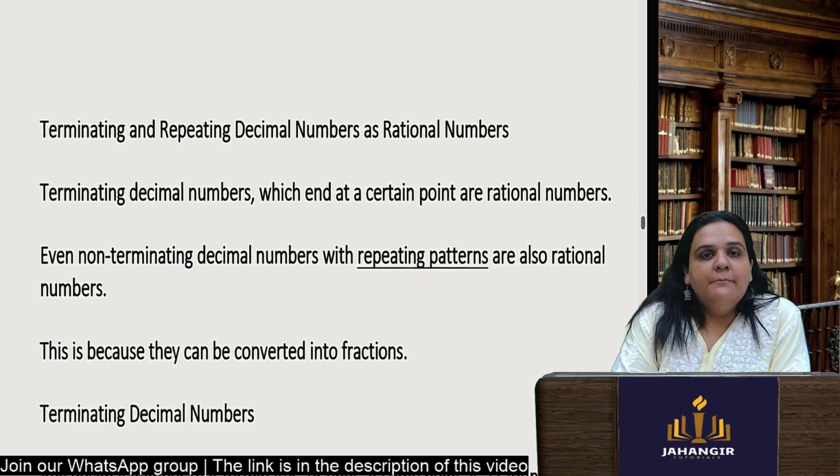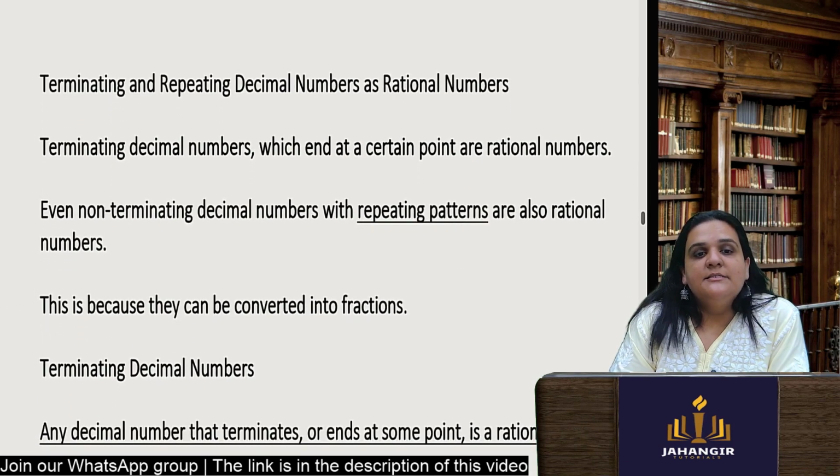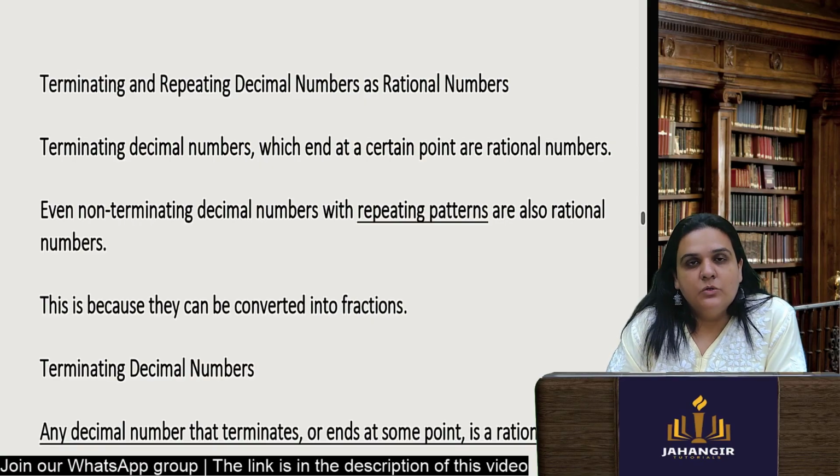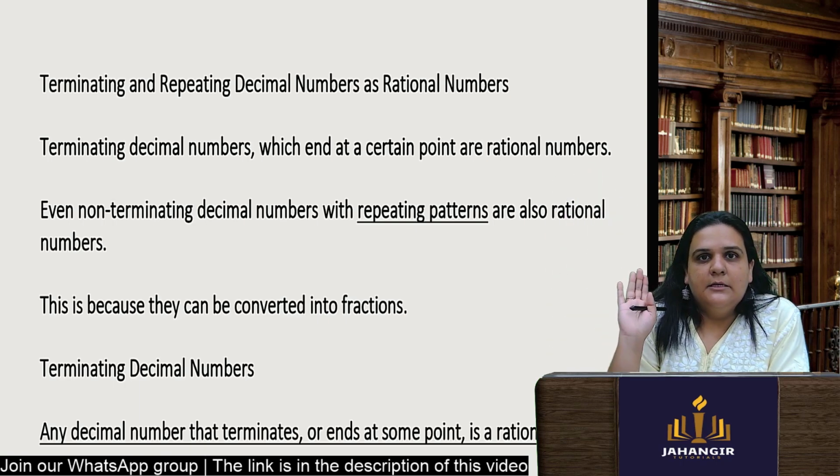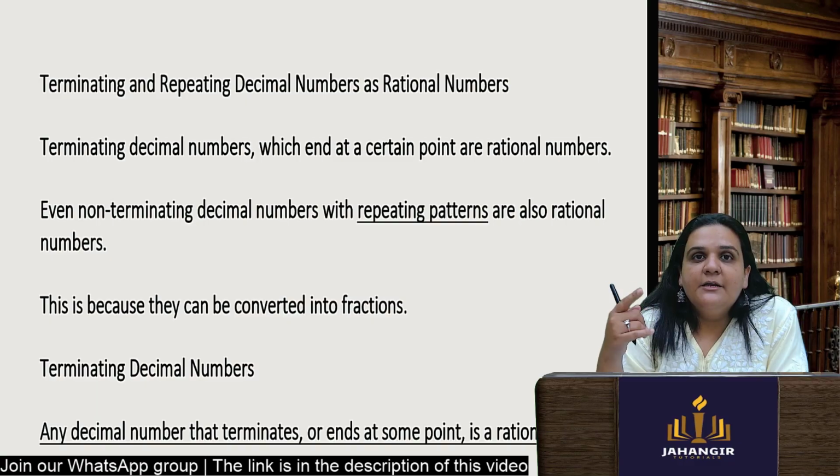Then they have terminating and repeating decimals as rational numbers. So whenever they are decimals also, they have a terminating decimal. They are not infinite decimals. And if they have a repeating pattern also, then they will be a rational number.